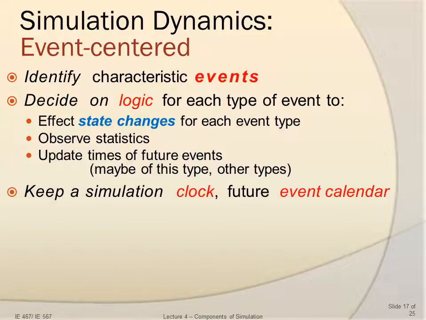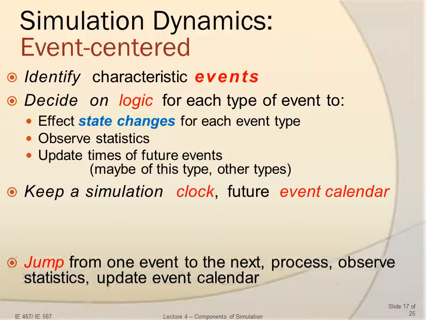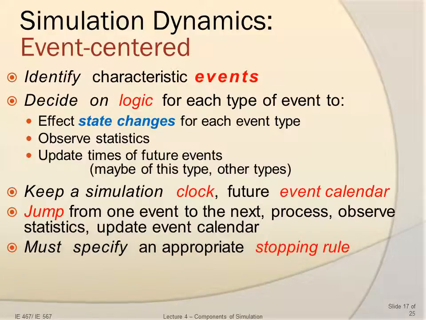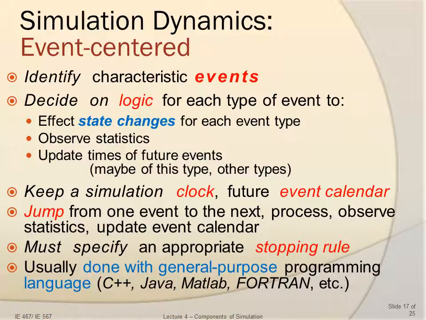We keep a simulation clock and a future event calendar. We jump from one event to the next, process, observe statistics, and update the event calendar. We must specify an appropriate stopping rule, and usually it's done with a general purpose programming language: C++, Java, MATLAB, Fortran, etc.